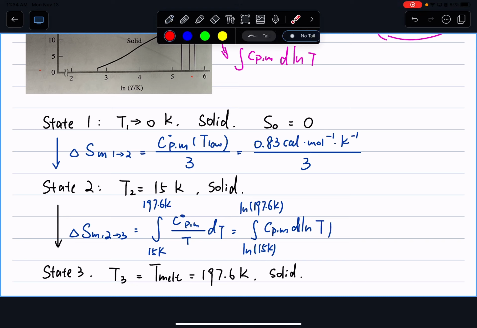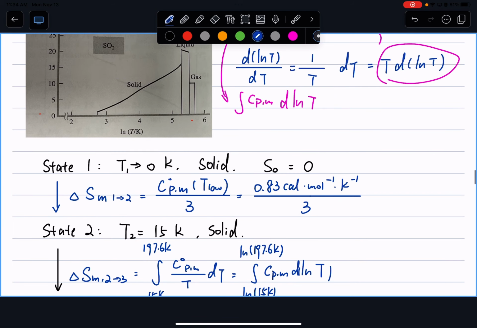All right, so keep in mind, now we're talking about ln T in your integral. We can estimate that by looking at the area below the curve. So it's roughly a triangle here. The number will change a little bit, but basically we're estimating the difference using the triangle.